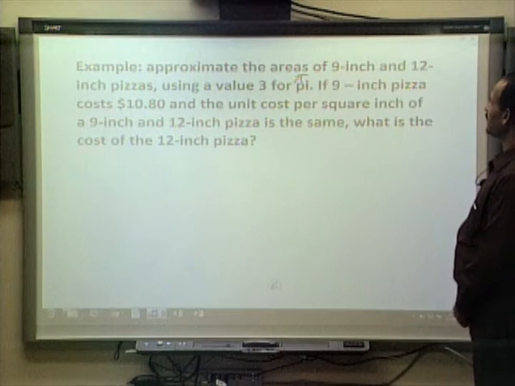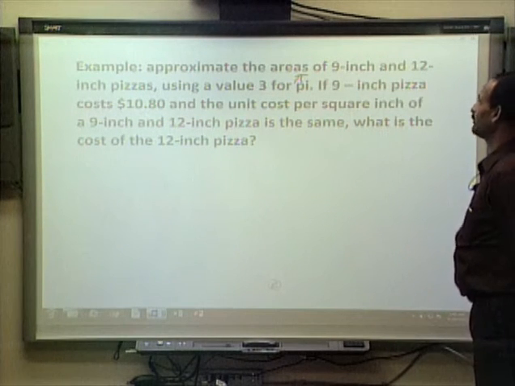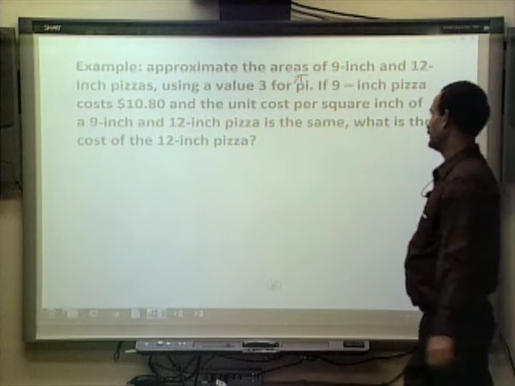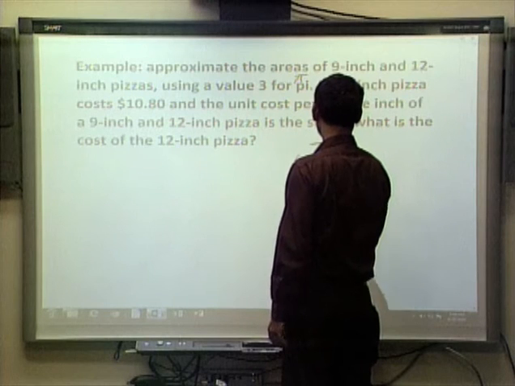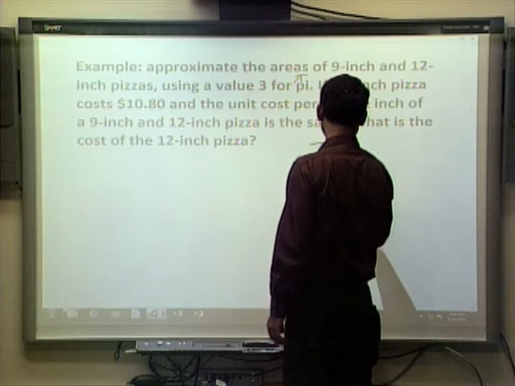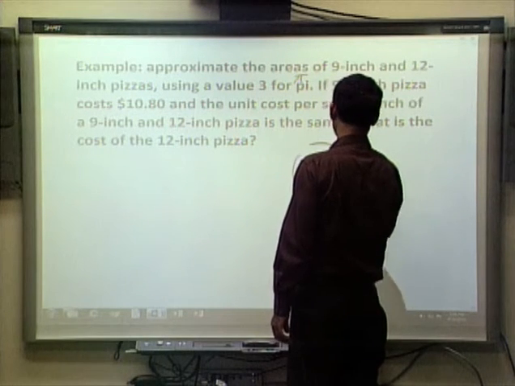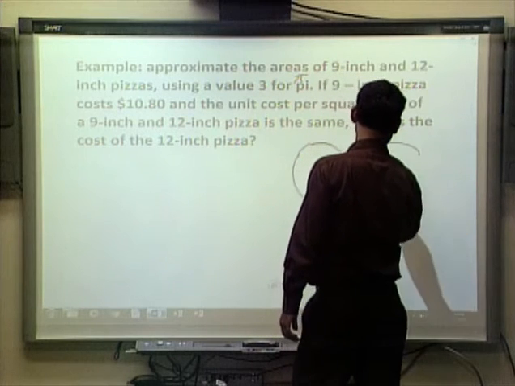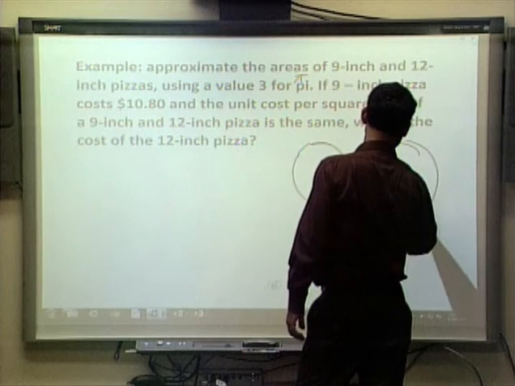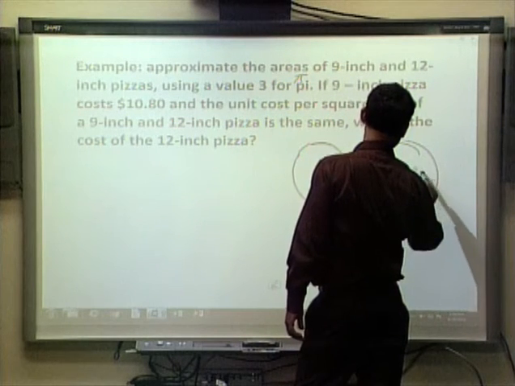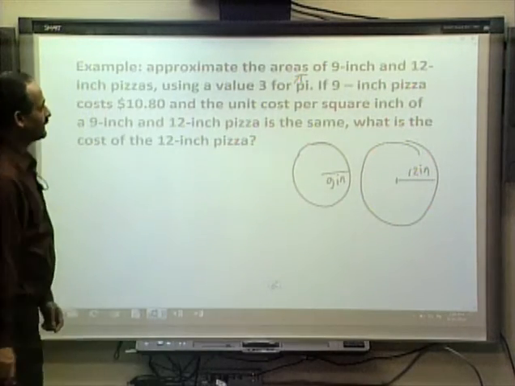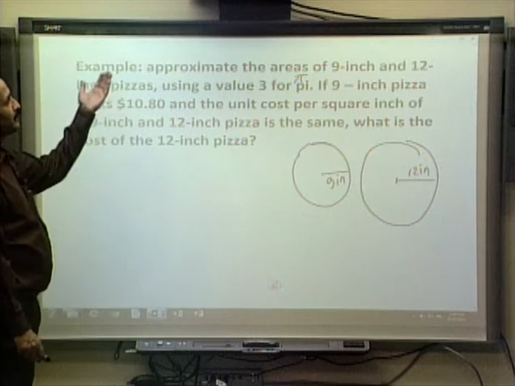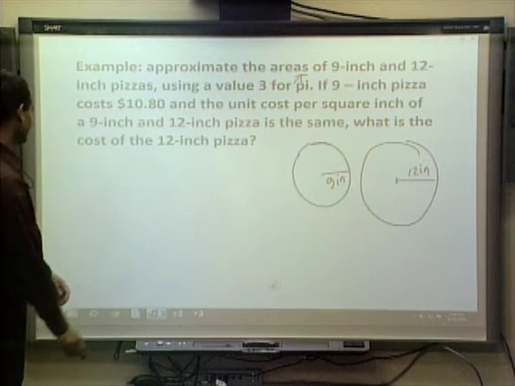A 9-inch pizza means we have a pizza whose radius is 9 inches, and we have another pizza whose radius is 12 inches. We want to approximate the areas using pi equal to 3.